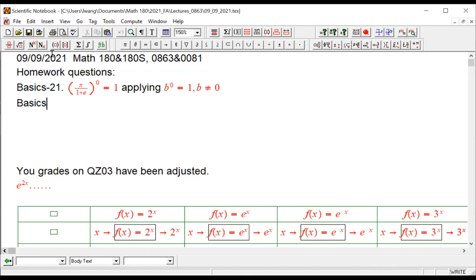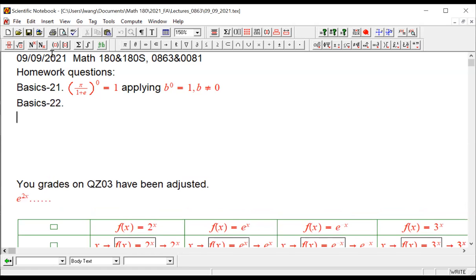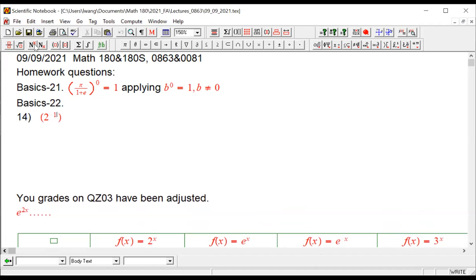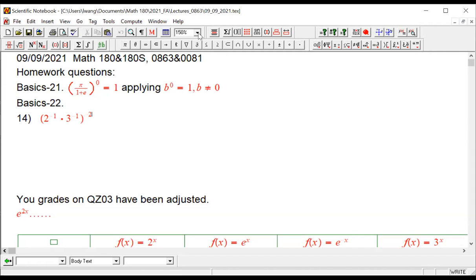Sure. 22, number 14. 22, right? I'm sorry, 14. Yeah. You want me to read it to you? No, I got it. 2 to the power negative 1 multiplied by 3 to the power negative 1, and then to the power of negative 2, right? Is that right? Mm-hmm.